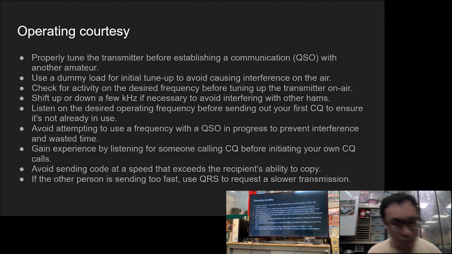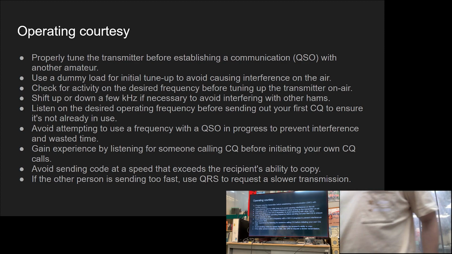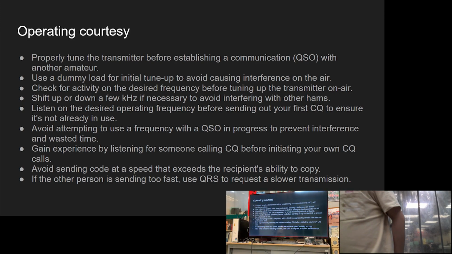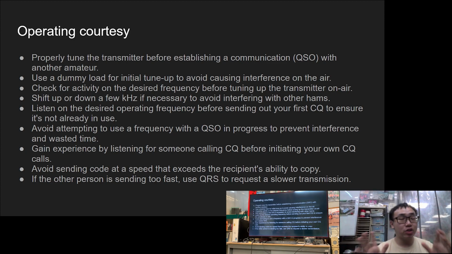Do we have a dummy load here? Let me check. I don't think we have a dummy load here, but a dummy load is for you to test your radio.